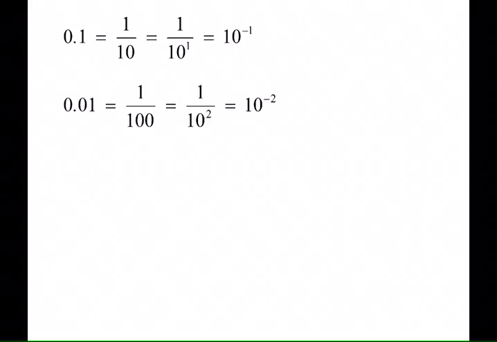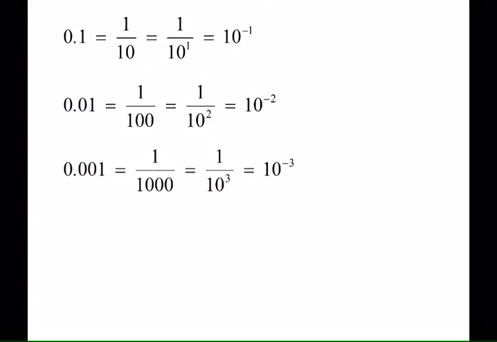So you know where I'm going with this. 0.001 is 1/1000th, 1 over 10 to the 3rd, which equals 10 to the -3rd. Two more. 0.0001 is 1 over 10,000, 1 over 10 to the 4th. Bring that up to the numerator from the denominator, and you make it 10 to the -4th.